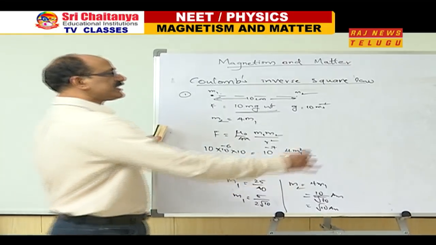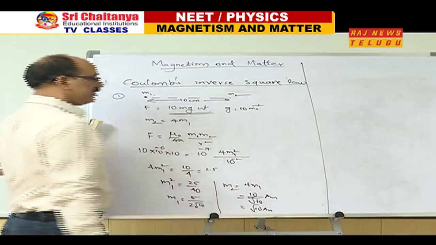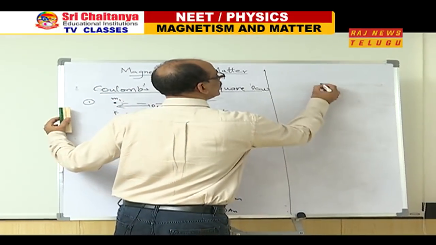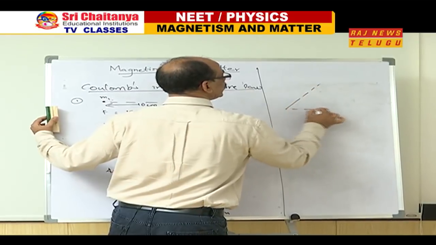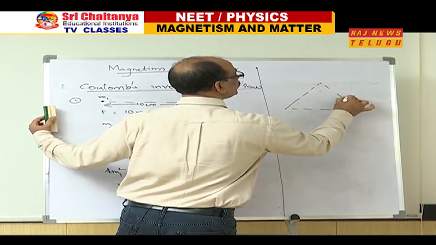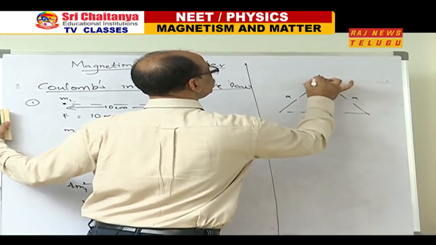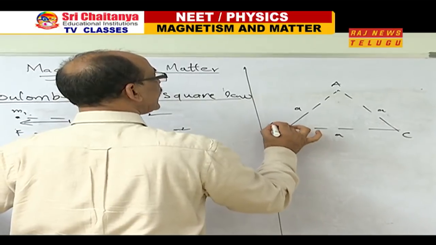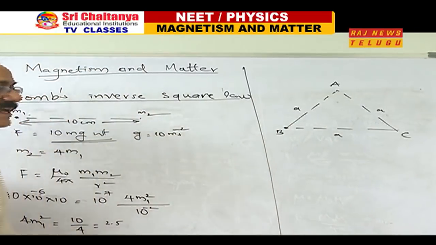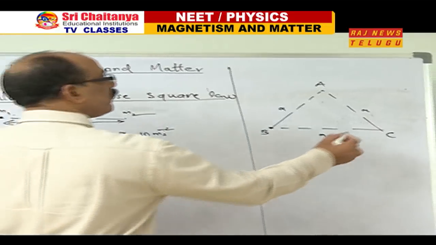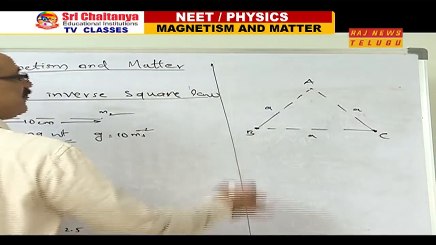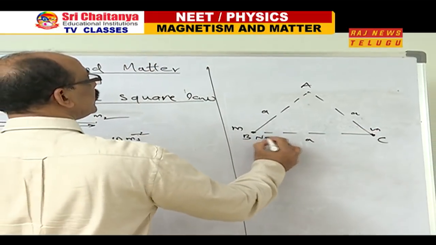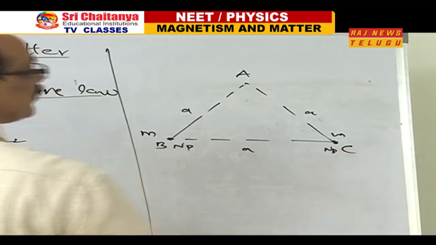Now, we shall discuss another problem on this Coulomb's inverse square law. Let us say this is an equilateral triangle ABC of side a. At these two vertices, two identical poles, that is of same pole strength and same polarity, are placed, and the force between them is found to be F. This is a pole of pole strength M, this is a pole of pole strength M. Let us say this is north pole, this is also north pole from the data.